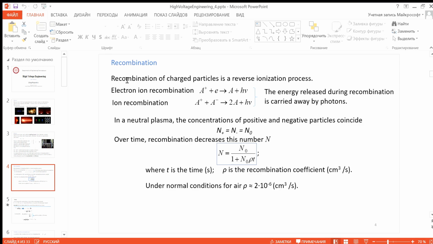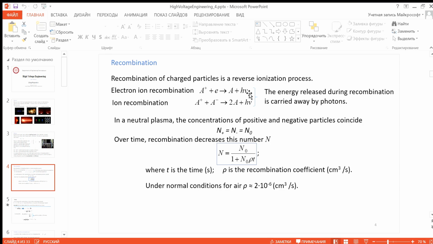Recombination of charged particles is a reverse ionization process. The slide shows the reactions of electron-ion and ion-ion recombination. In both cases, the released energy is carried away by electromagnetic quanta, h nu.